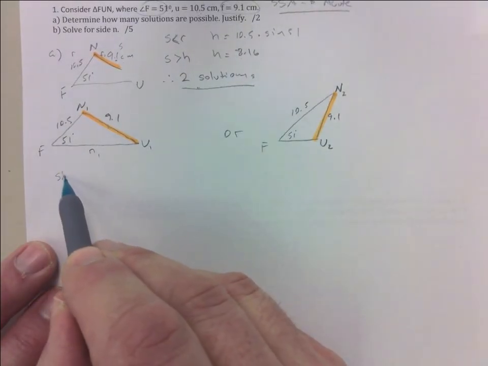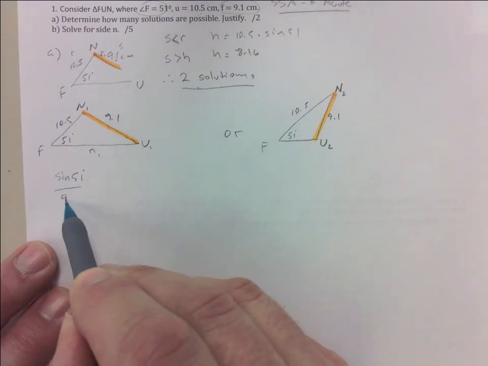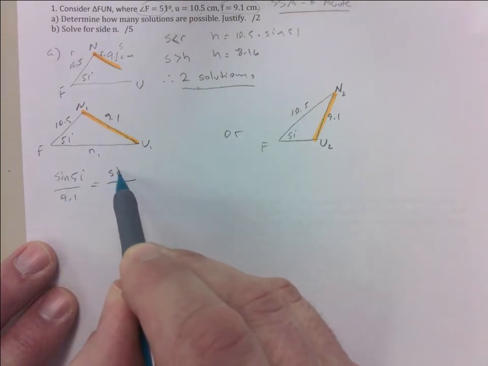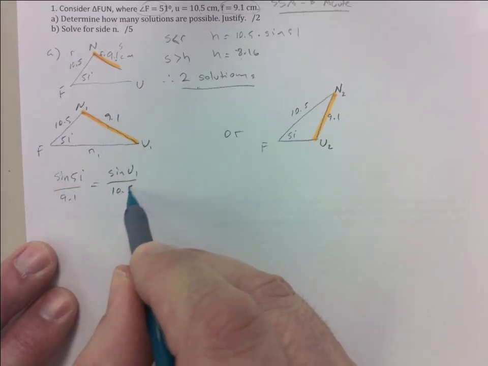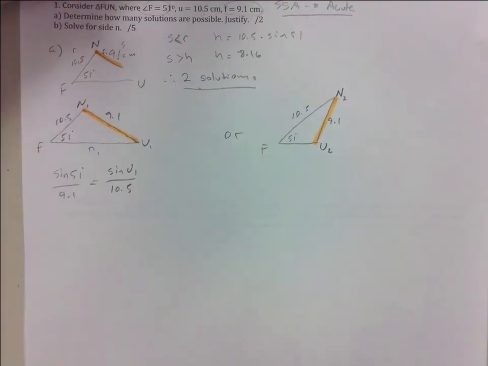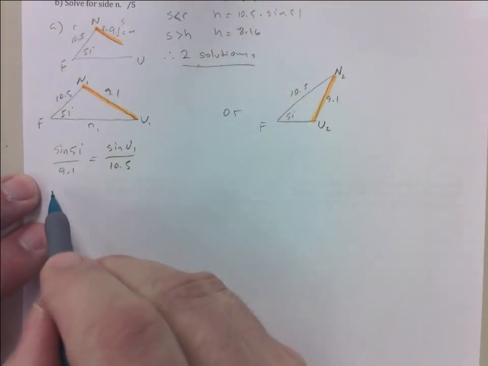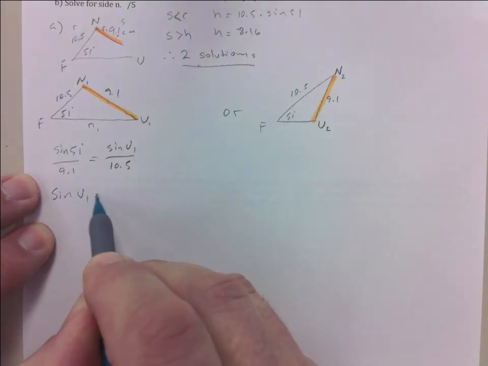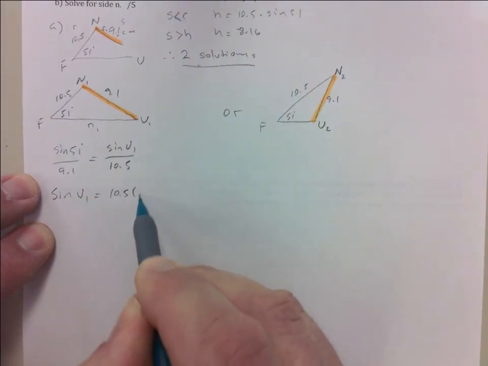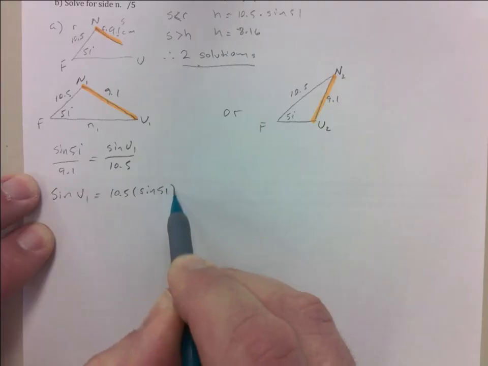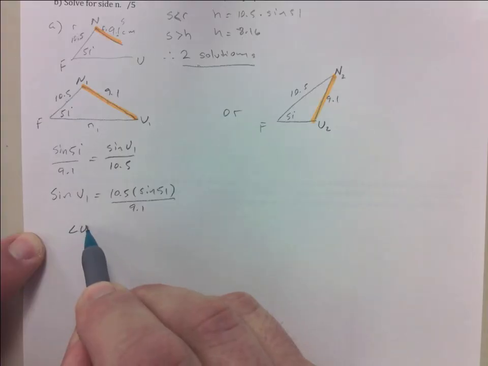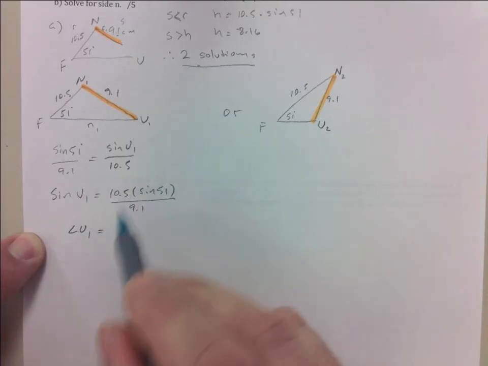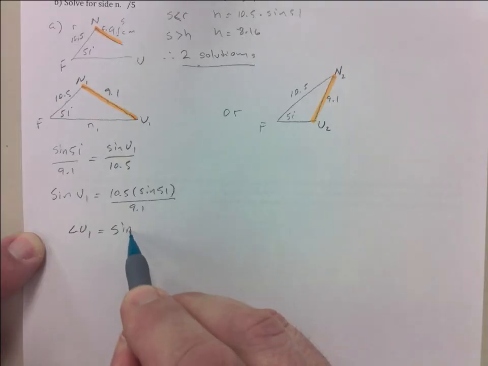So I go sine of 51 over 9.1 equals sine of U1, this angle, over 10.5. Solve that. Sine of U1 is 10.5 times sine of 51, divided by 9.1. Angle U1 is going to be the inverse sine of whatever we get there.